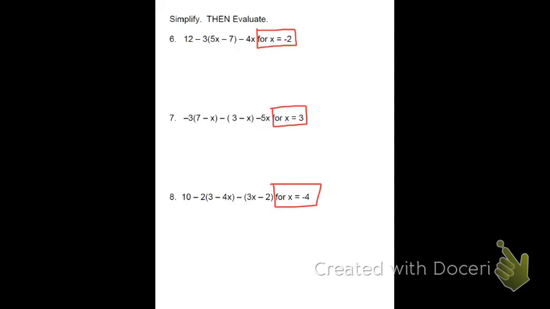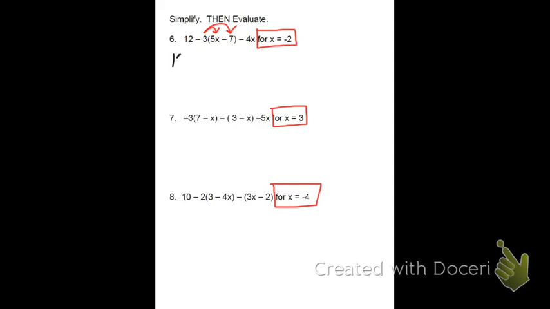You want x to be a negative 2. Before we put in the negative 2, because we're going to be able to combine some like terms, let's substitute the negative 2 after we've combined like terms. So you're going to first combine what's needing to be distributed, just like in previous problems.